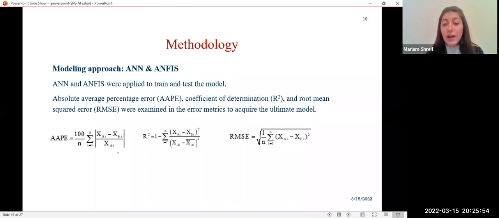And finally, we have the root mean squared error, which is the square root of 1 over n, the number of data points, times the summation of the actual minus the estimated value squared. And any value between 0.2 and 0.5 reveals a good accuracy.